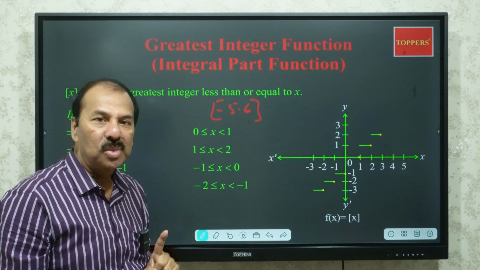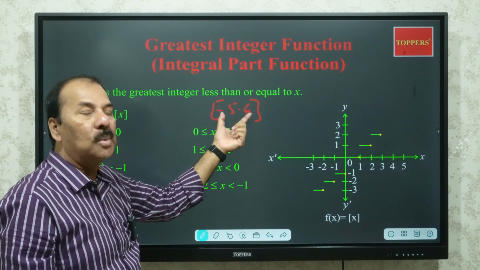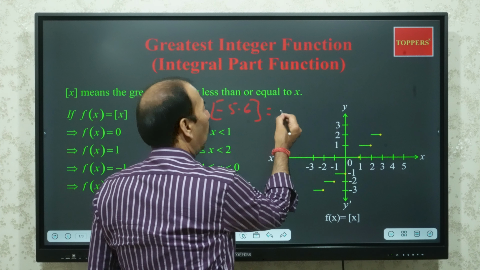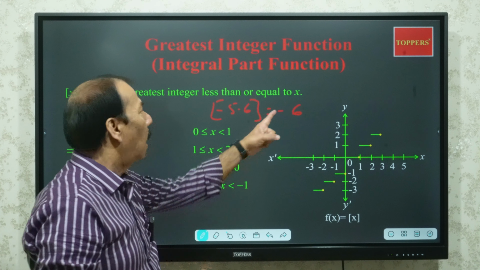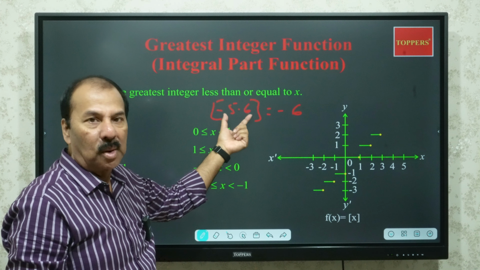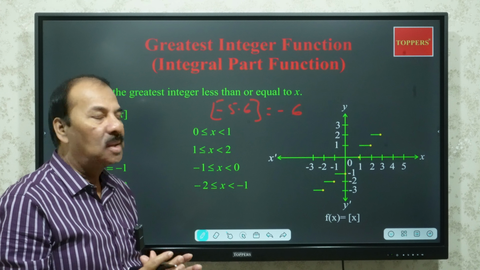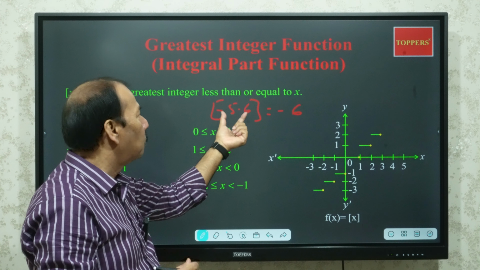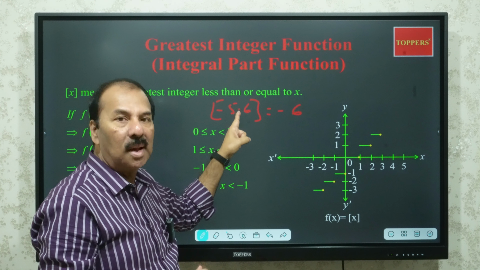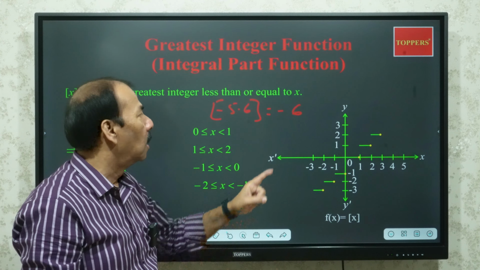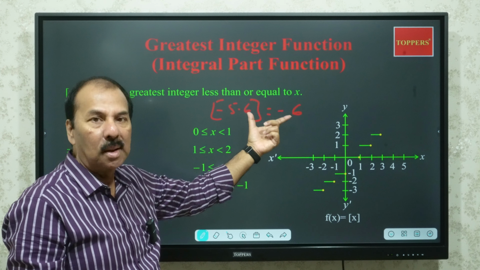But we have to choose the integer which is less than or equal to minus 5.6, so that will be minus 6, because minus 6 is less than minus 5.6. This is a negative quantity, so you have to be cautious. Don't get confused with minus 5. It is minus 6.